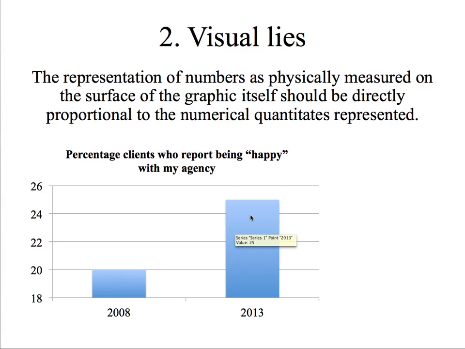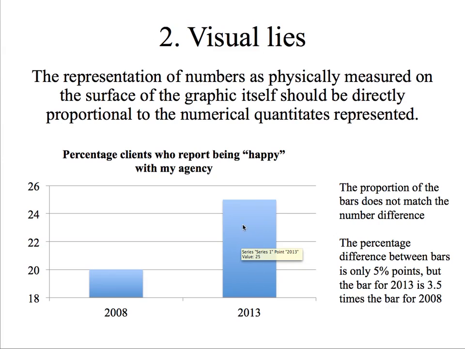Now, this is a huge difference in the graph. The numbers are just showing a 5 percentage point increase. But the areas, this one is a lot larger than that, certainly larger than just 5 percentage points.